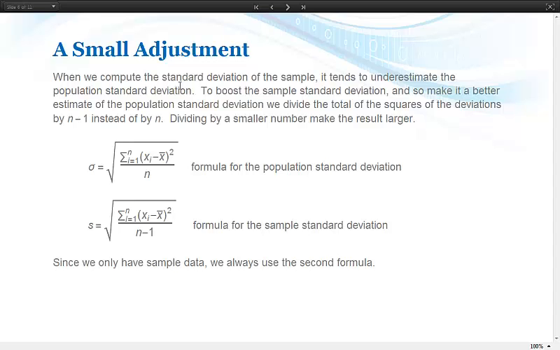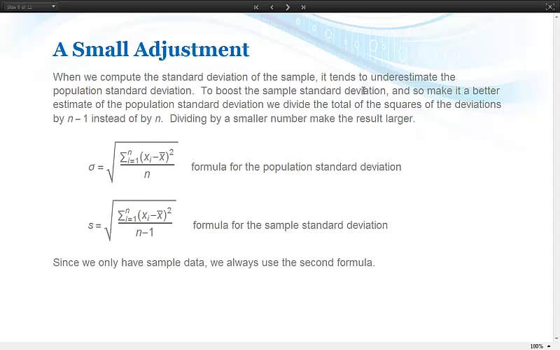Remember when we computed the sample mean x bar, we said that it was a really good estimate of the population mean, especially if the sample is unbiased, a good representative sample. Well, using the standard formula for the standard deviation, it turns out that doesn't work well for the sample standard deviation. It tends to underestimate the true population standard deviation.